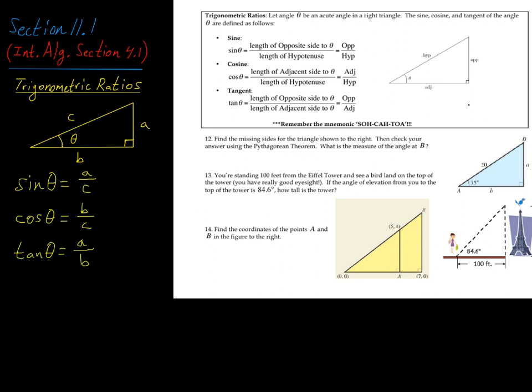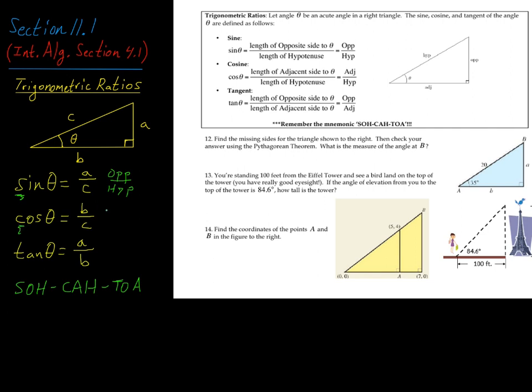Now, a useful mnemonic to help you remember these definitions is what's called SOHCAHTOA. Going back up to our definitions, starting with sine, sine is the opposite divided by the hypotenuse, so that's S-O-H.